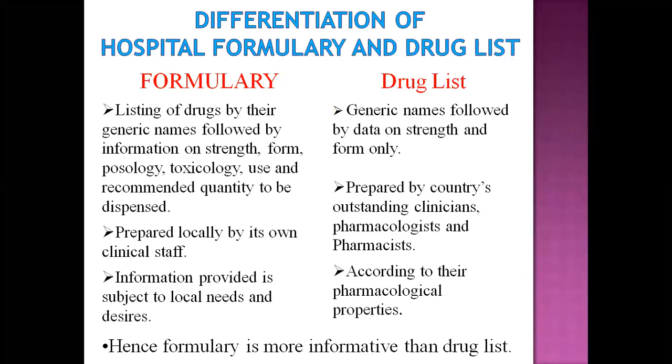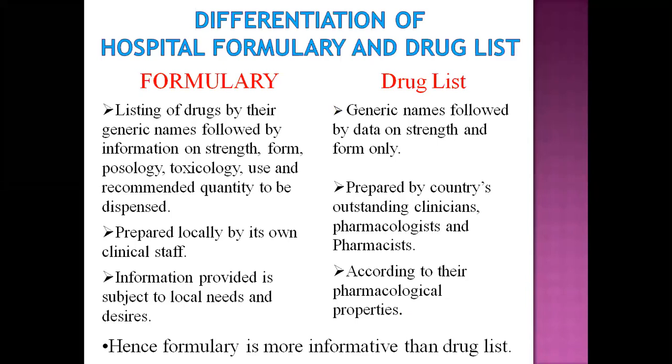Whereas drug lists are prepared by the country's outstanding clinicians, pharmacologists, and pharmacists involved in the preparation of drug list. Whereas in formulary, the PTC of the local body is involved in the preparation.